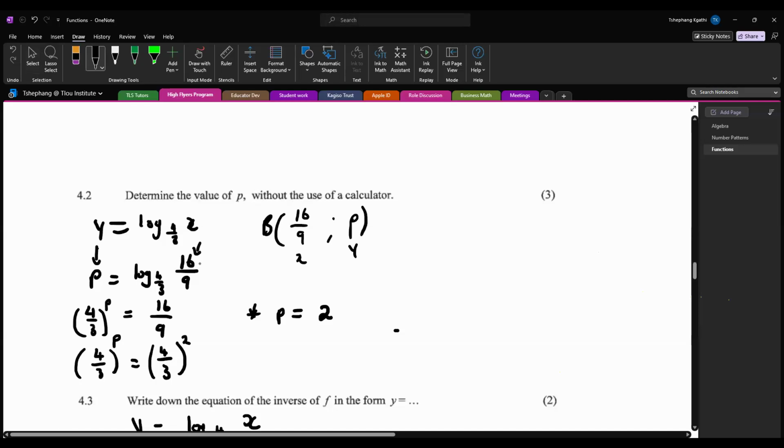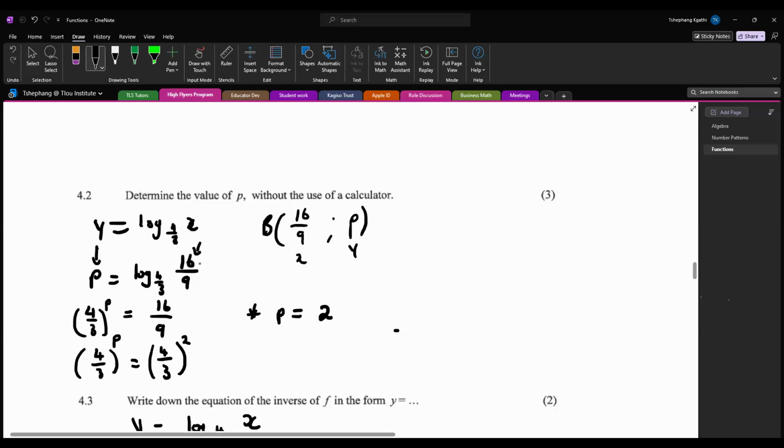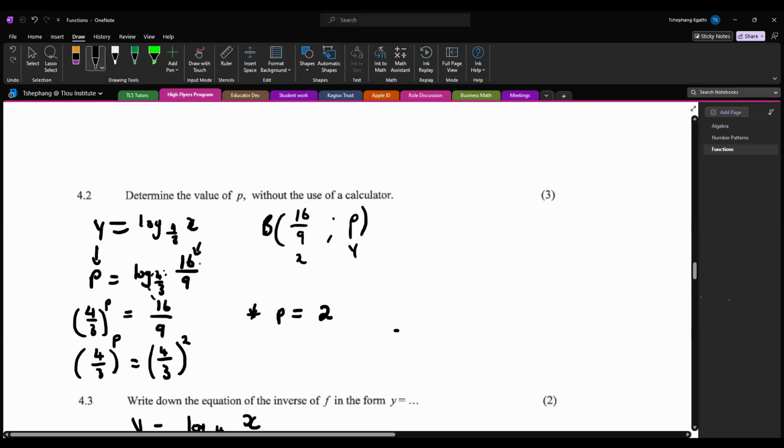Now all we're trying to do is get rid of the log. So the base of the log is going to be the base in the exponent, and P is going to be the exponent. So the base comes here to be the base in our new exponential equation.